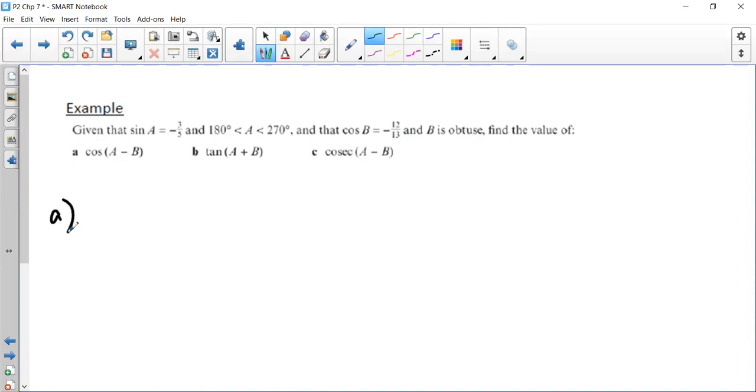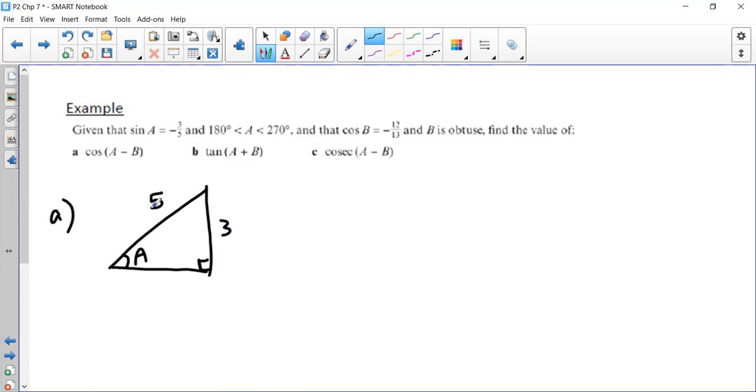Before we do anything, we know sine A equals minus 3/5. If we ignore the negative sign, or actually, let me think of this a different way. If I draw a triangle for triangle A, with that angle being A, sine A is 3/5.